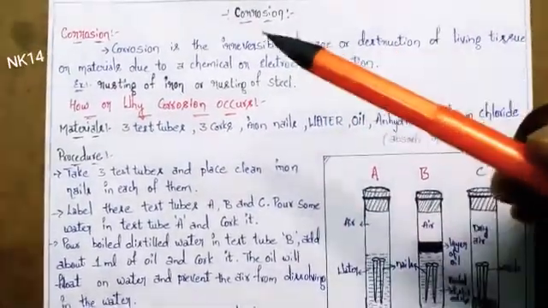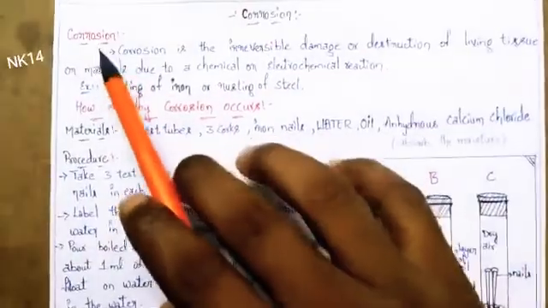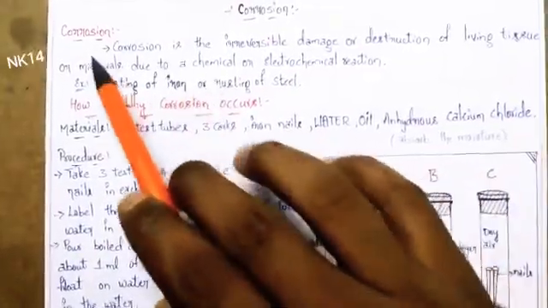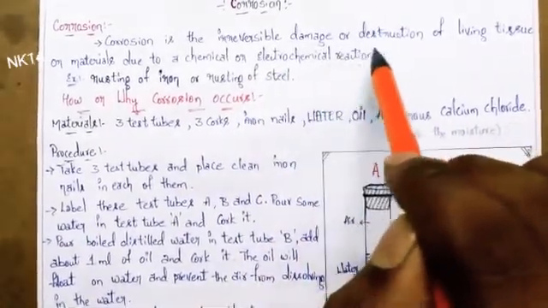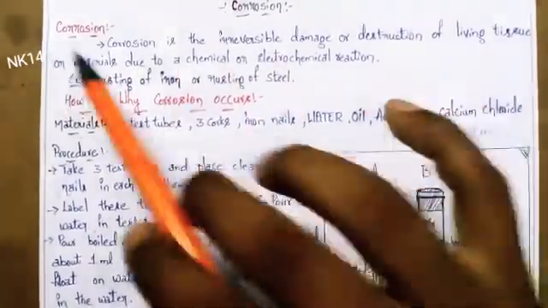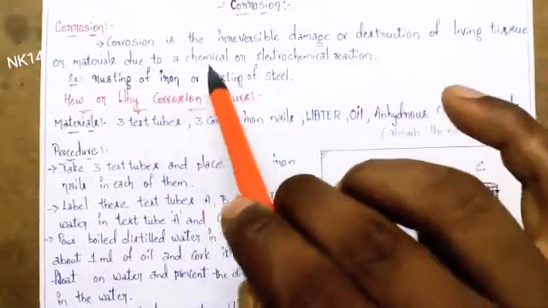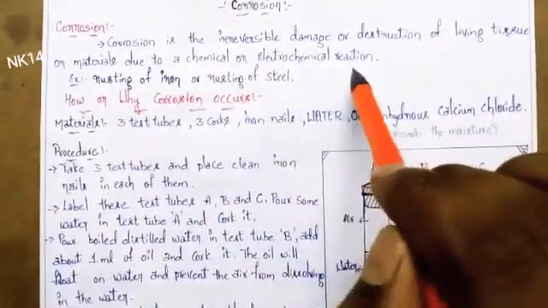So first, what is corrosion? I have taken the statement: corrosion is the irreversible damage or destruction of living tissue or materials due to a chemical or electrochemical reaction.